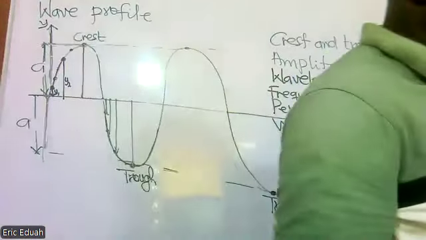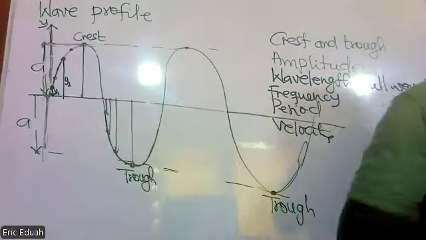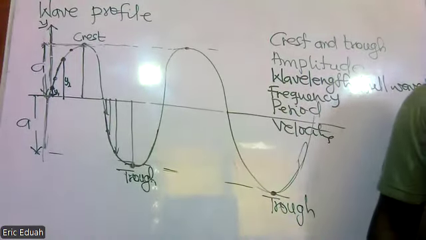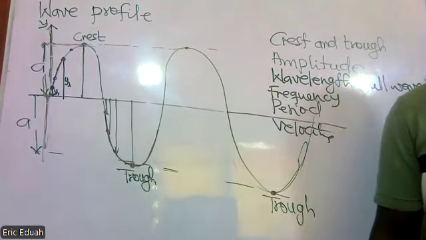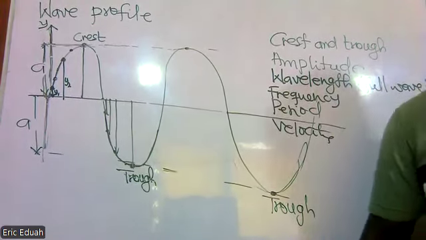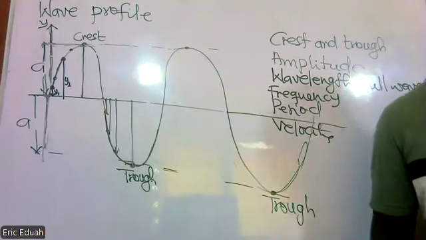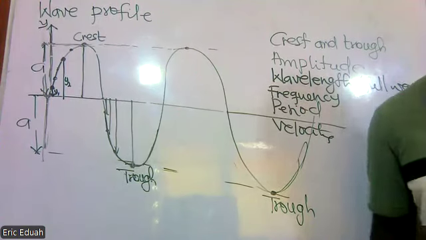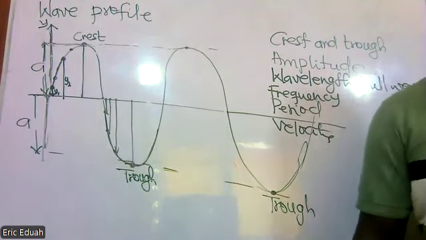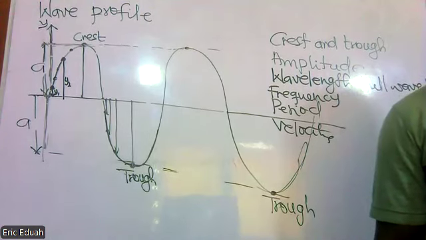So the displacement of a wave or the medium is the distance moved by the particles within the medium from their equilibrium or mean position.